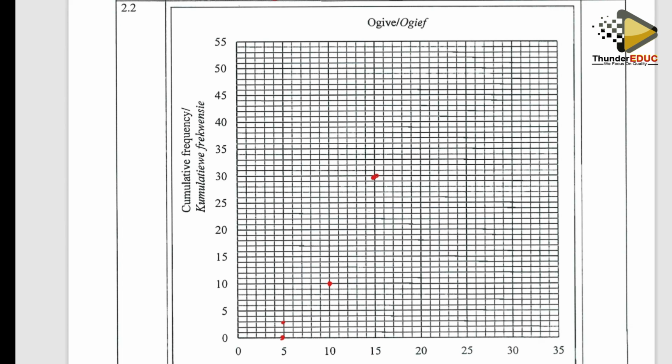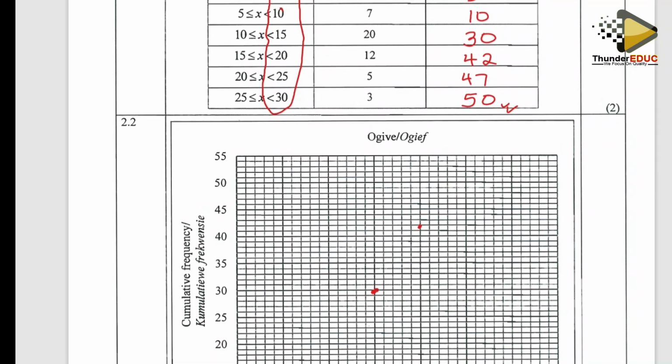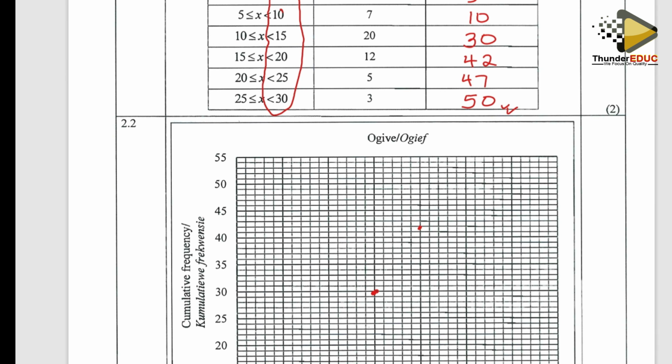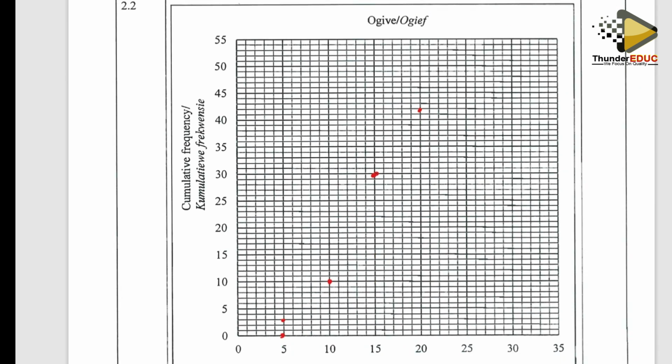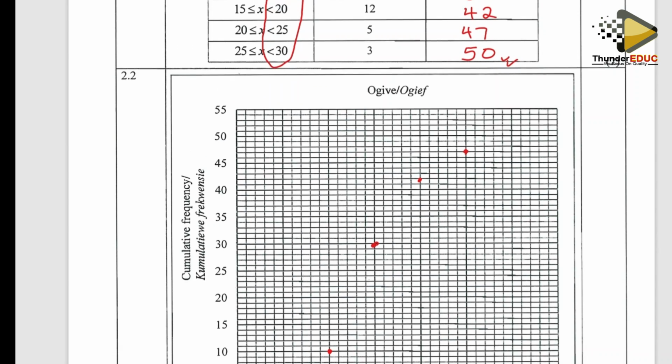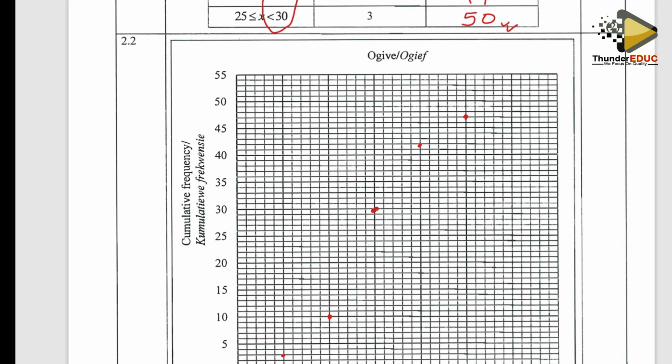And then 25 is 47. 47 is slightly above 45, I'll put it somewhere there. And then the last one, which is a 30, must go with a 50.